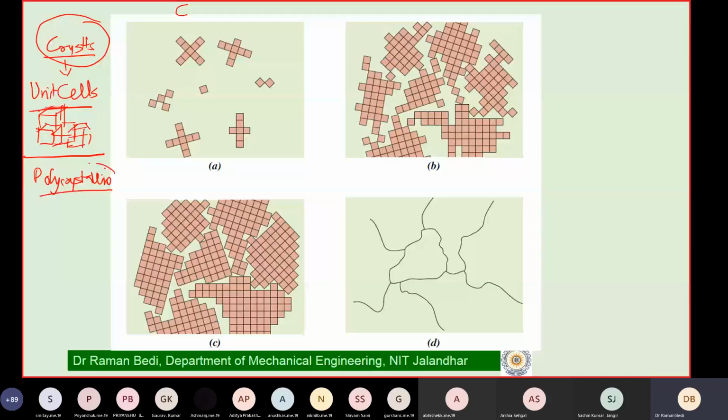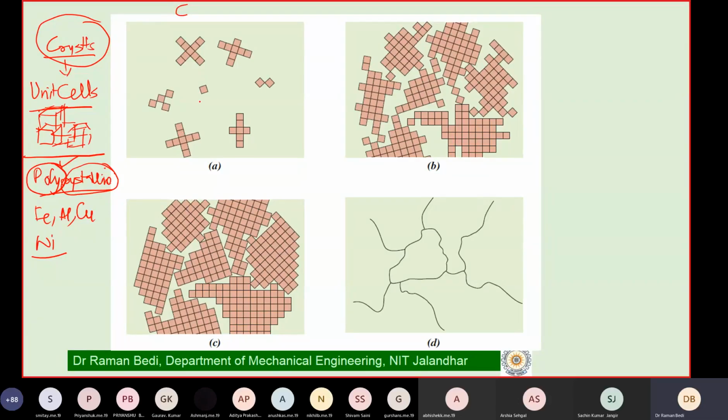Metals like iron, aluminium, copper, nickel are all crystalline materials, but they are polycrystalline. You can grow single crystals, no doubt it is possible, but for engineering, for structural applications, for our mechanical engineers, we are more concerned about polycrystalline materials. That means they contain a number of crystals.